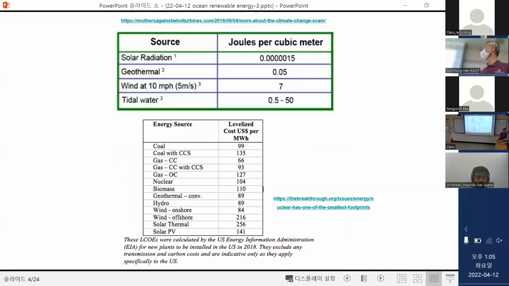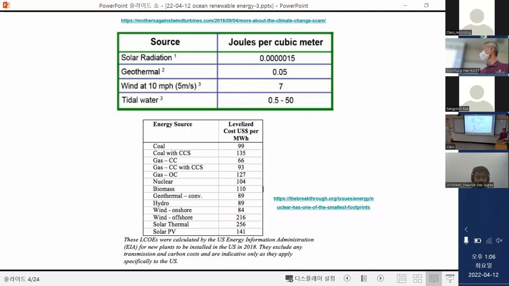But the other chart shows differently: solar radiation is lower than wind and tidal water. So this chart shows that wind is better than the other options. And you can also find the other chart from this website.